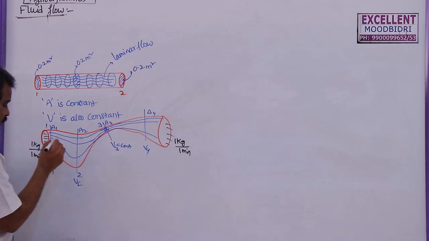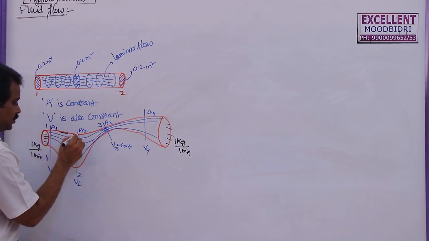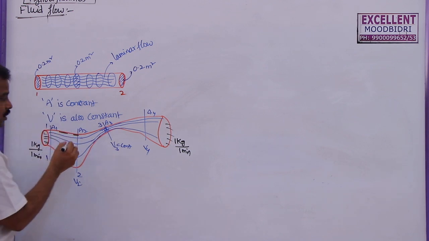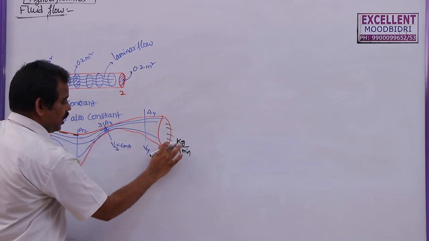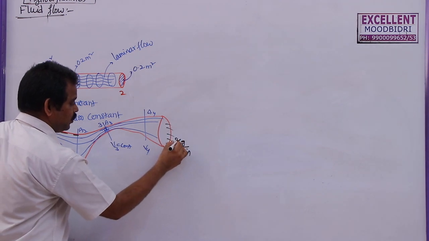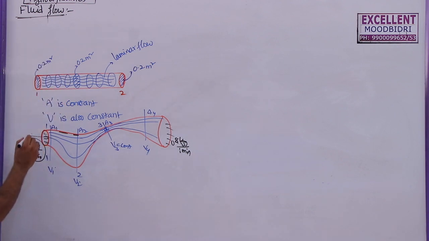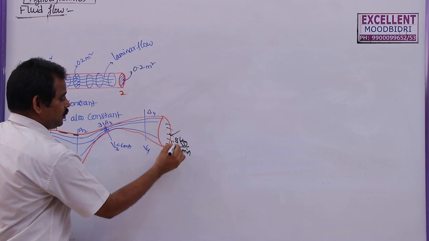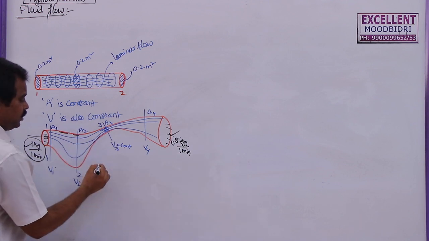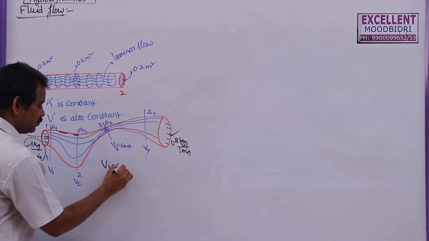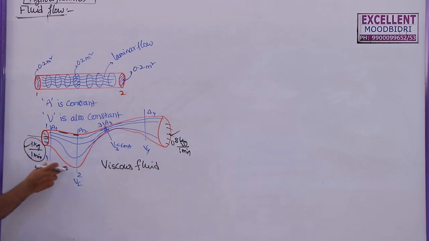Suppose in between, some of the coconut oil sticks to the internal surface of the pipe, then if I pour 1 kg coconut oil in 1 minute, I may not get 1 kg, I may get 0.8 kg coconut oil per minute. That means the inlet is 1 kg per minute, but at the outlet we can collect only 0.8. So if the fluid is a viscous fluid, then we cannot apply this rule.